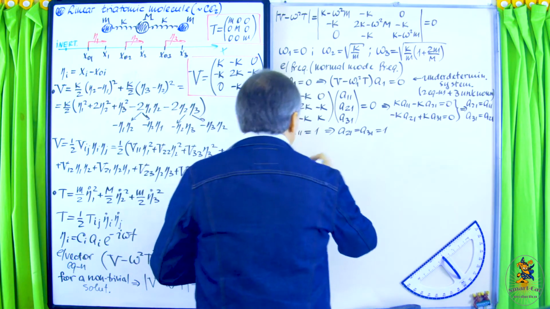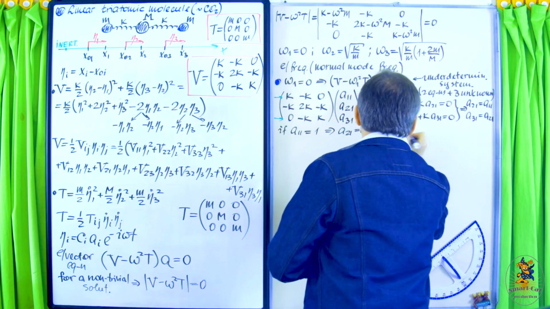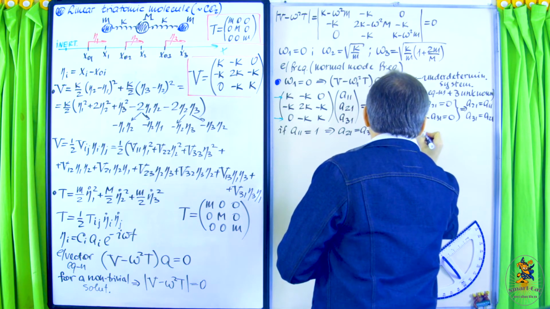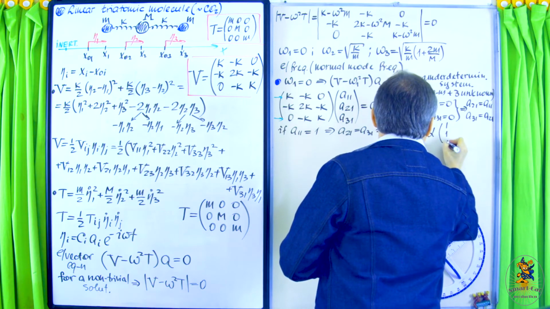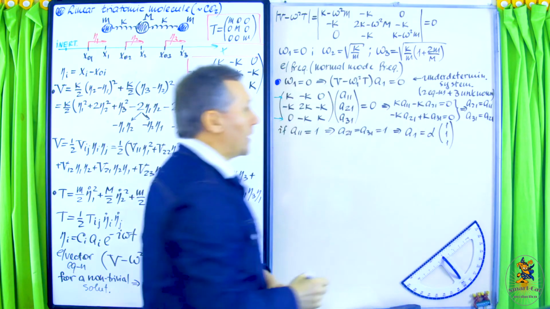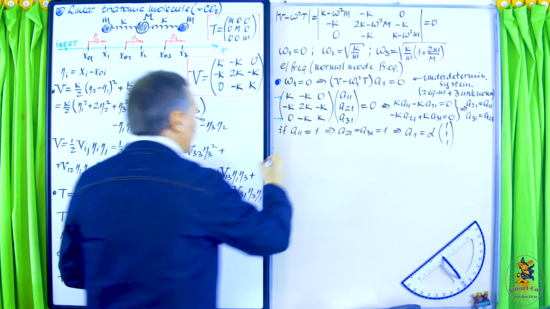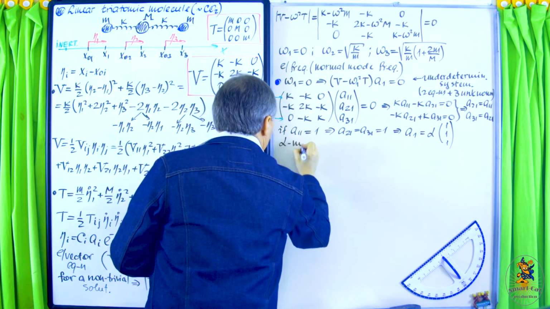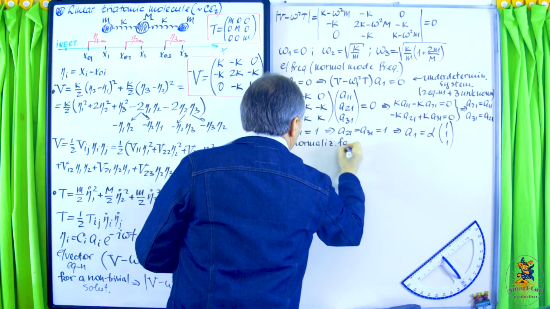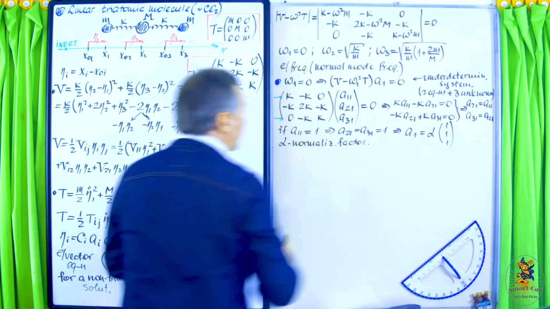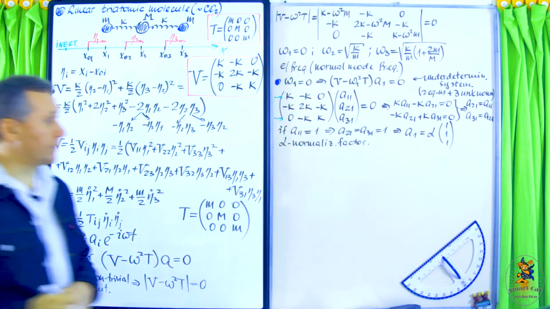So now we can write the first eigenvector as alpha times 1, 1, 1. Alpha is a normalization factor. Right, okay, so now let's find alpha.